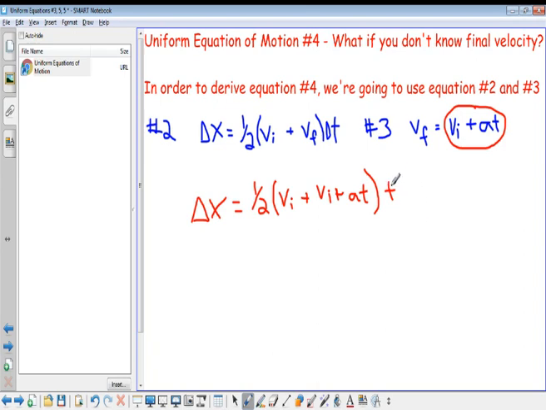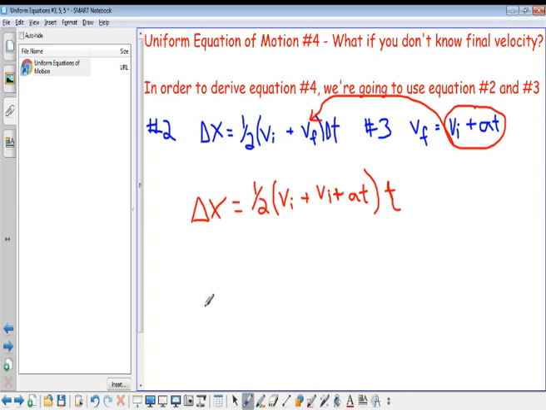And I know sometimes my pluses look like my T's, so you just have to put up with me. And that's a plus. So all I've done here is substituted in VI plus AT in for VF.